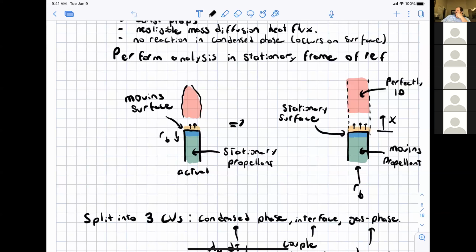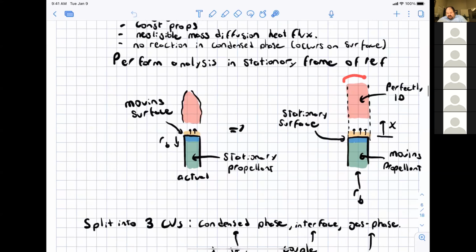Okay, but in class, what we are working on is deriving the fundamental relationship of a steady propagating propellant flame, that the burning rate is equal to some coefficient times pressure raised to some exponent. We were doing that by looking at three different control volumes.